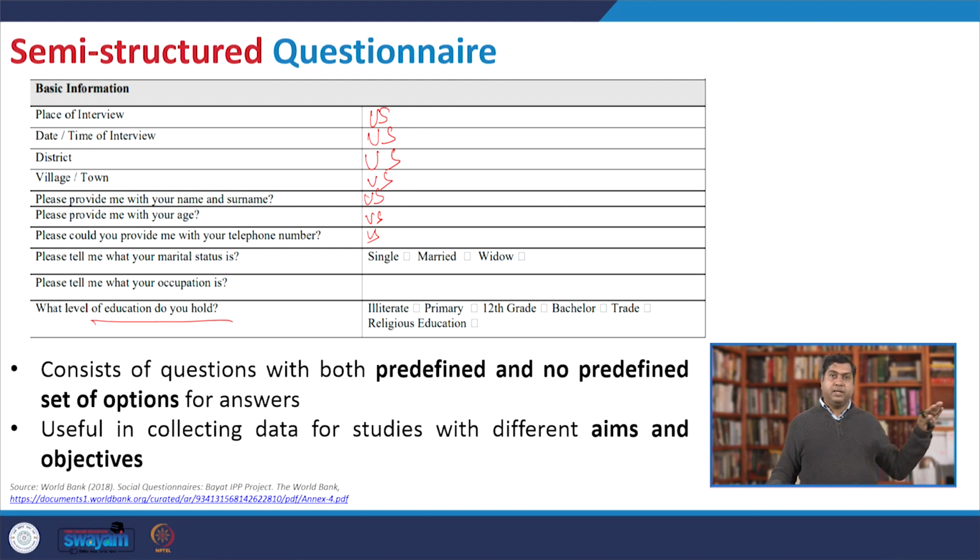If you know that in a particular society you have so much variation in monthly income that it varies from as low as 5,000 to more than 2 lakhs, and then there is some kind of gap, then those intervals will be a little more, like maybe you have 5 to 10, 10 to 15.